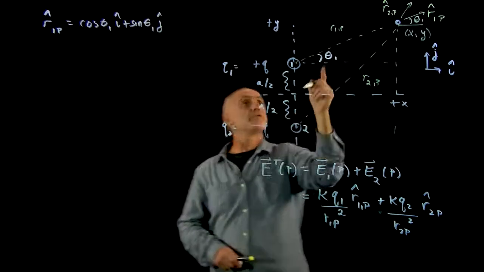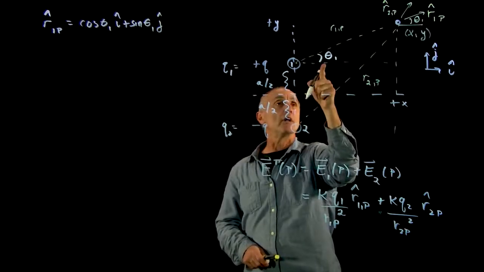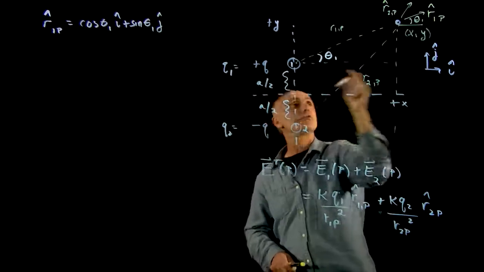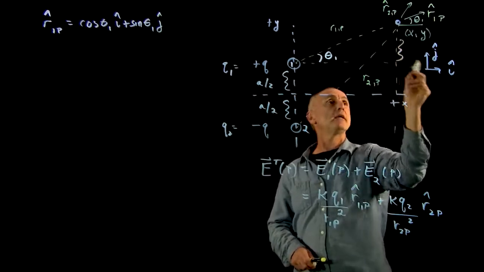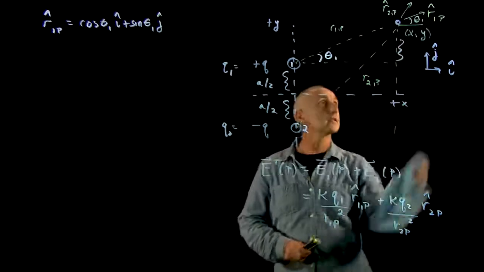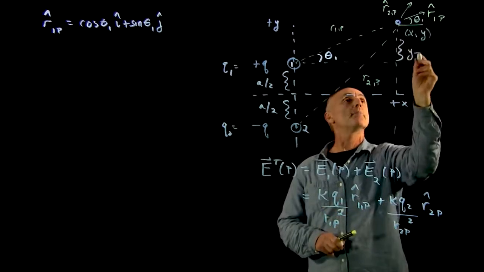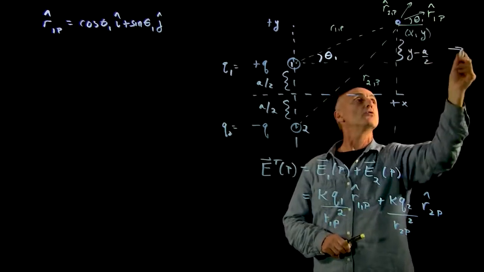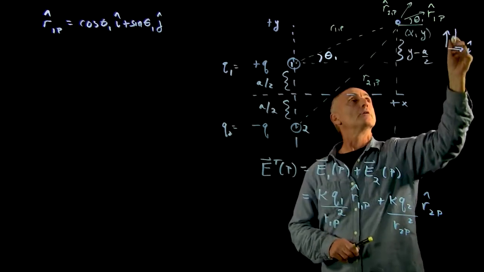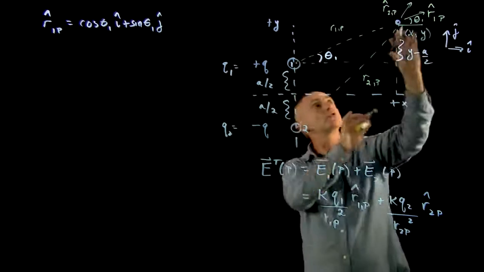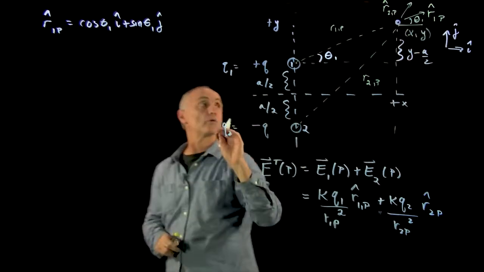And if you notice that cosine theta 1, this is where it's a little bit tricky. Because this distance is a over 2, this height here is y minus a over 2. y is that distance, this is a over 2, so that's y minus a over 2.